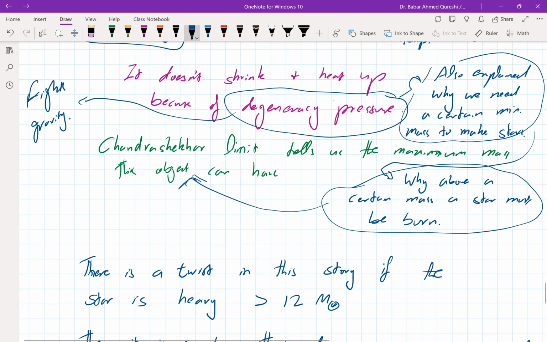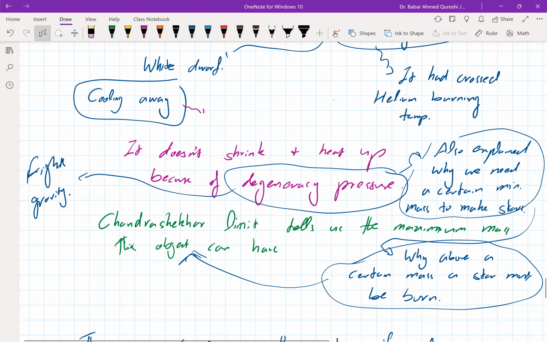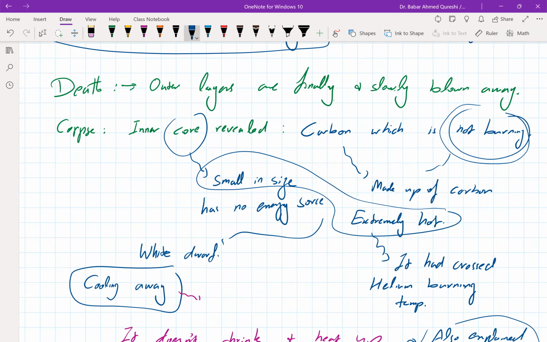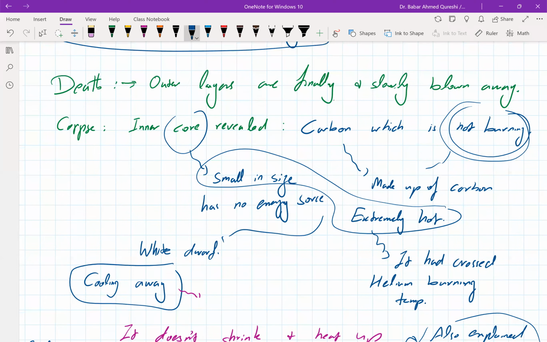Carbon didn't burn here. I said it is not burning. Why is it not burning? Because of degeneracy pressure: to burn, it needed higher temperatures, and to reach higher temperature, it had to shrink further. But the degeneracy pressure had stopped the shrinking. So it couldn't heat itself up to reach the temperatures required for the burning of carbon.